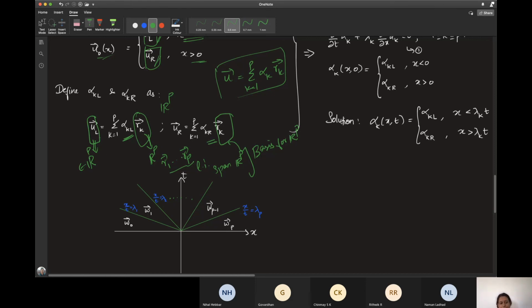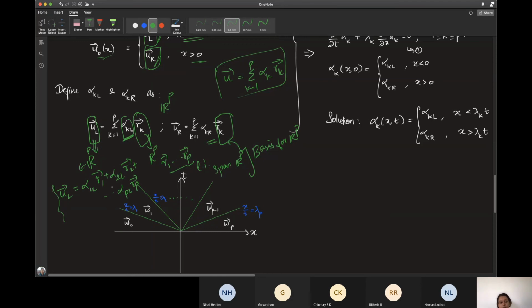So we are writing it as some alpha kl, or some constants a, b, c, d, which we saw earlier. So your ul vector is alpha 1l r1 vector plus alpha 2l r2 vector, and so on, up to alpha pl rp vector.